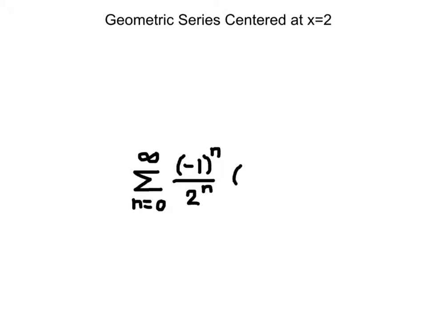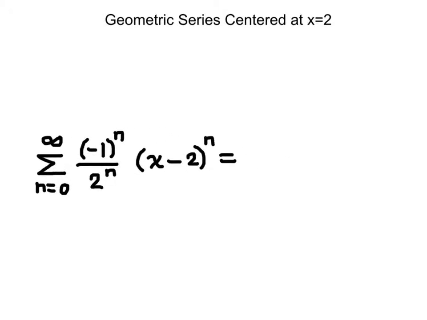And that's the coefficient, that first part, and here's x minus, and here's the center, 2, and this is raised to the n. So here we go. This is our geometric series centered at 2.